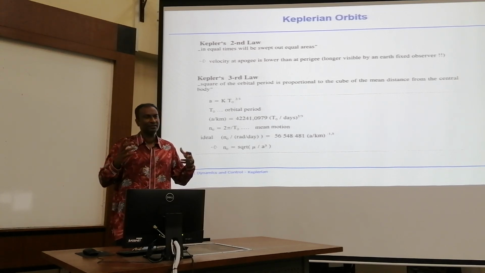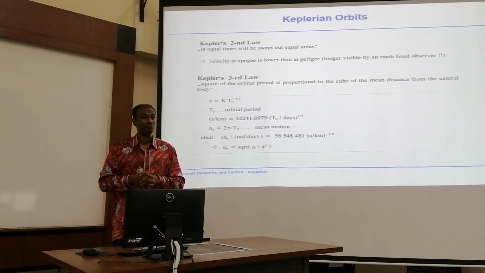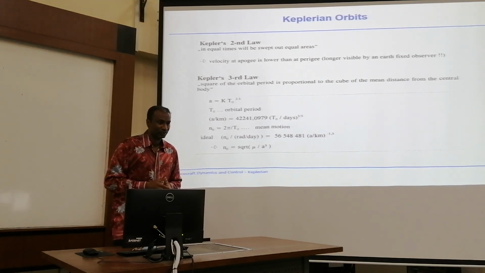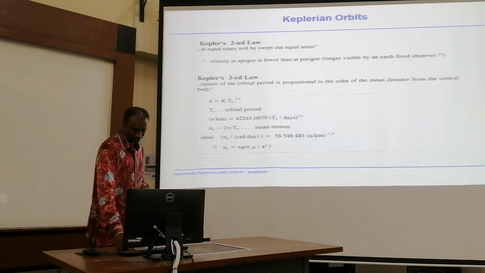So that also tells us that I should be able to calculate my time if I can use it cleverly. Now, unfortunately, it doesn't stop there. We have a third law.